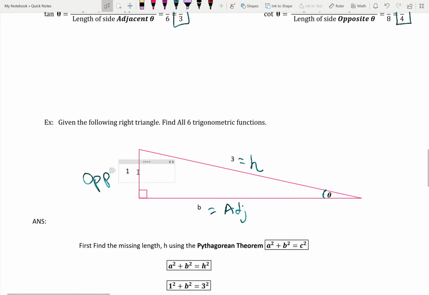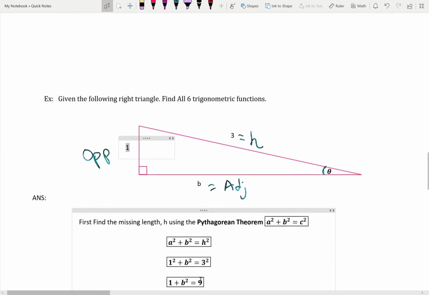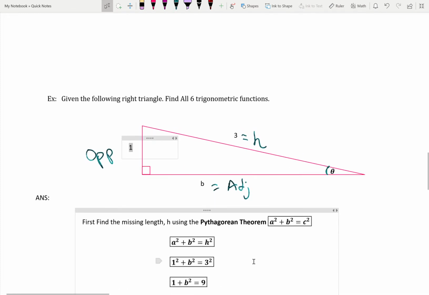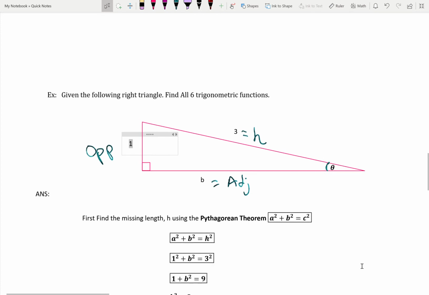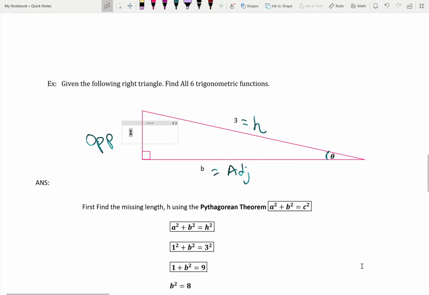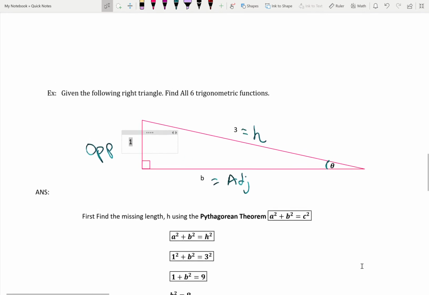So I have 1 squared plus my unknown squared equaling the hypotenuse squared. So that means I get 1 plus b squared equals 9, right? 3 squared is equal to 9, 1 squared is equal to 1. Okay, so now I'm going to subtract 1 from both sides. So I get b squared equals 8. Oh, why did I pick such ugly numbers?